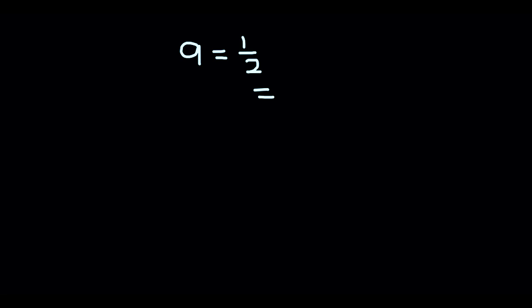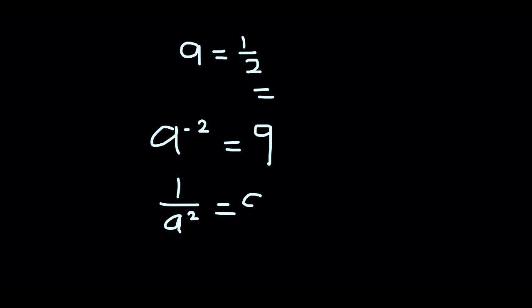The next question is a power minus 2 equals 9. From here, you can write this as 1 over a power 2 equals 9.